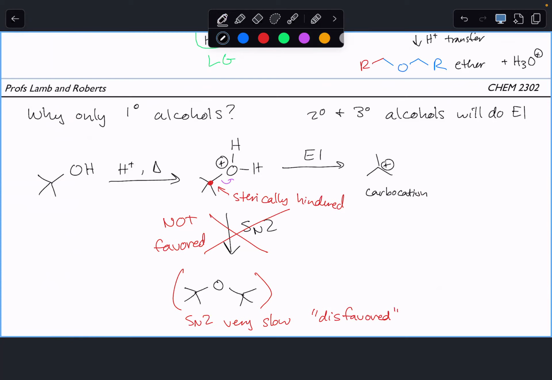Because secondary and tertiary alcohols will give secondary and tertiary carbocations, which are more stable than primary, it favors E1. And then from there, we just need our water to come in, grab the adjacent proton, quench the positive charge to make our alkene, and regenerate our catalyst. Okay.